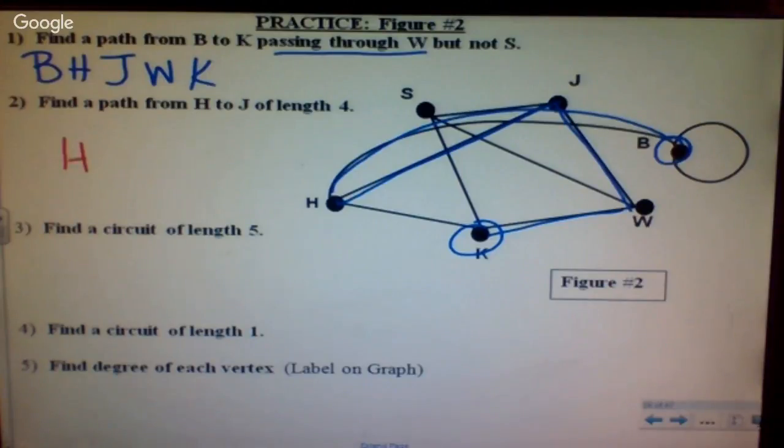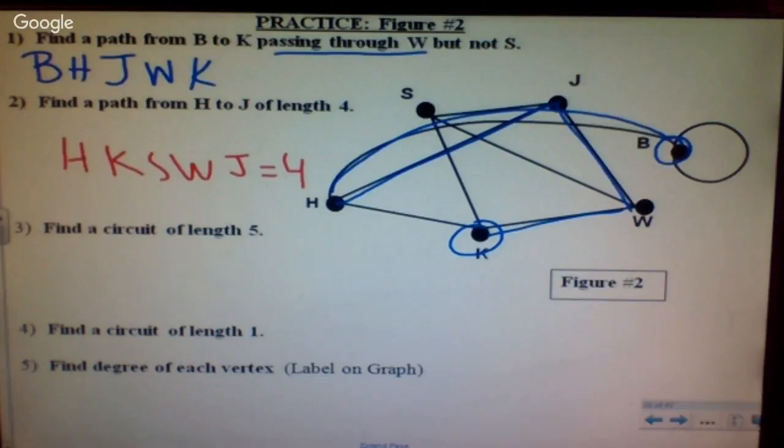But if it was HTK, I would have it right. I worked it out like H to J. H to K to S, W to J. Good.